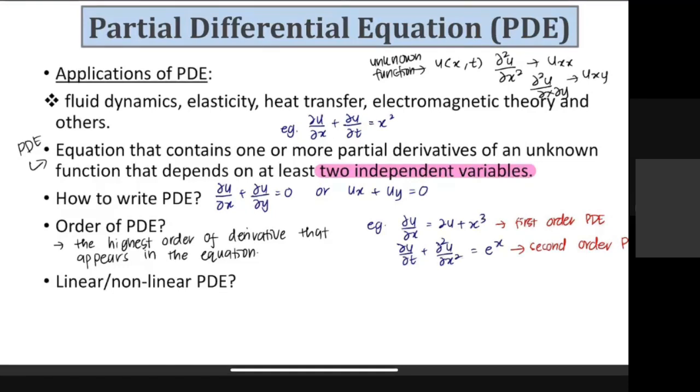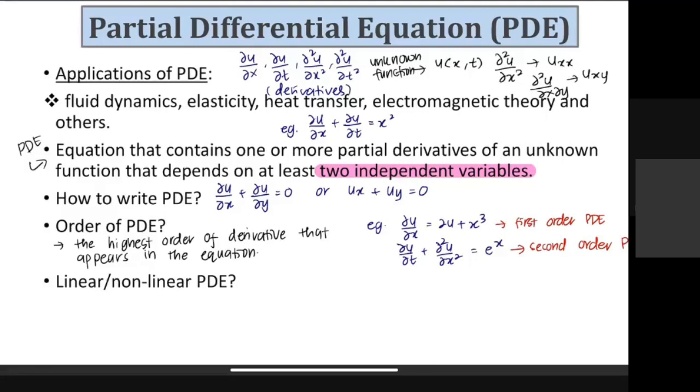And what is the order of a PDE? U is the unknown function, so its derivatives are del U over del X, or del U over del T, or del square U over del X square, or del square U over del T square, and so on.